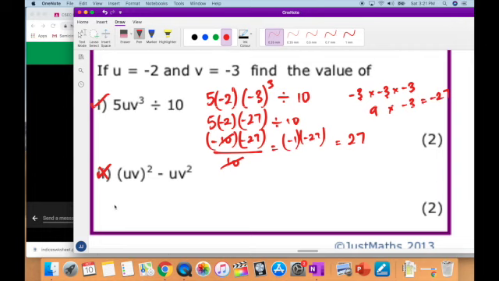Open brackets, open brackets, -2. So what? U is -2, right? Yeah. V is -3, right? Yeah. U is being multiplied to V right now, eh?